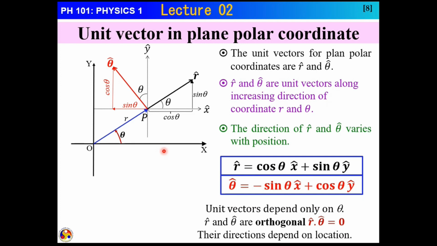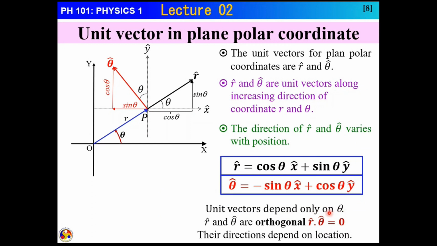If we see these parameters, x cap and y cap are the unit vectors in the Cartesian coordinate system, and they do not change with position. So this is a fixed quantity. The unit vectors r cap and theta cap only depend upon theta.